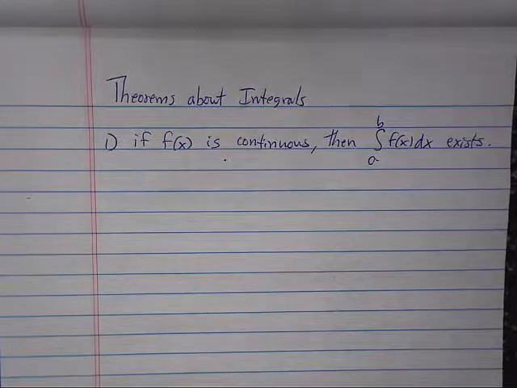Once again, what does it mean to be continuous? If you're graphing it, you don't have to lift your pencil. There's no discontinuity points, which means there's no jumps in the graph, there's no holes, there's no asymptotes, none of those things.